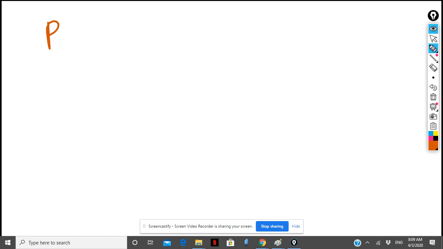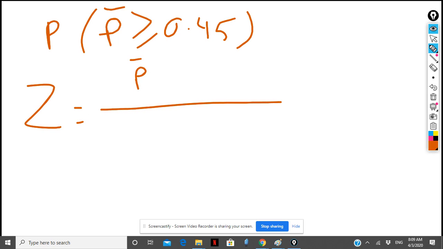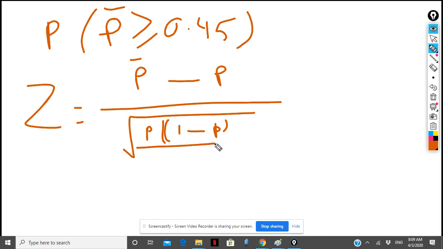Now I need the probability that p-hat is more than or equal to 0.45. We have a formula for the z, which is p-hat minus p divided by the square root of p times 1 minus p divided by n.